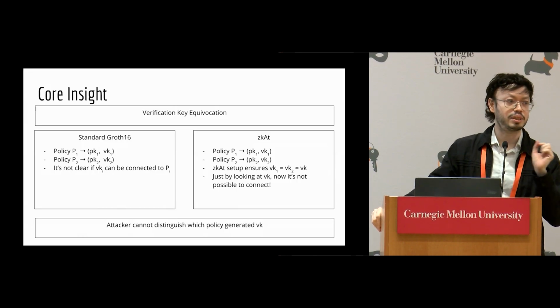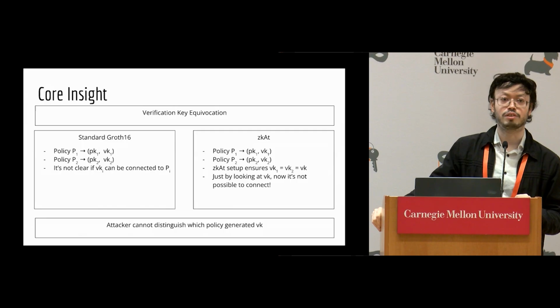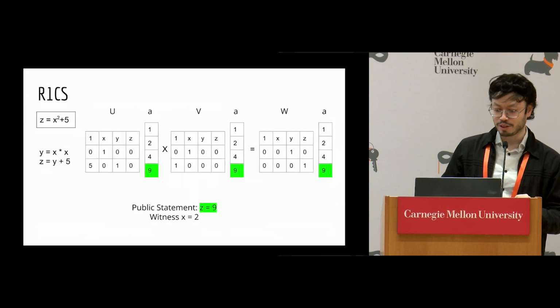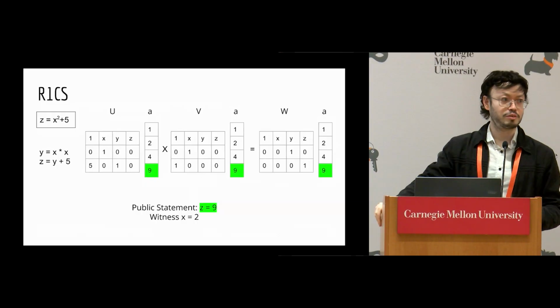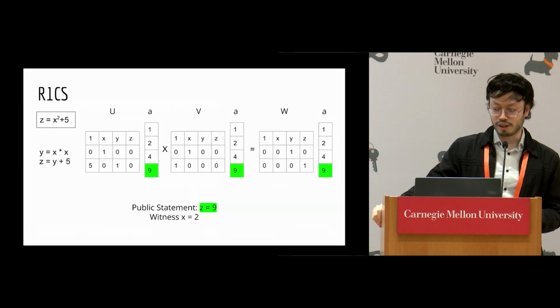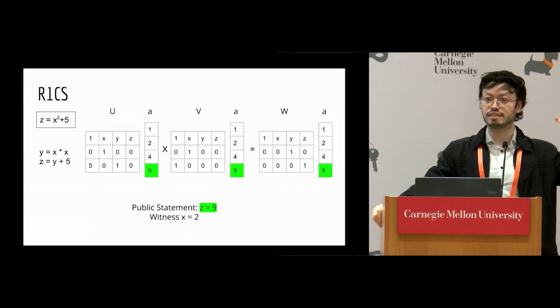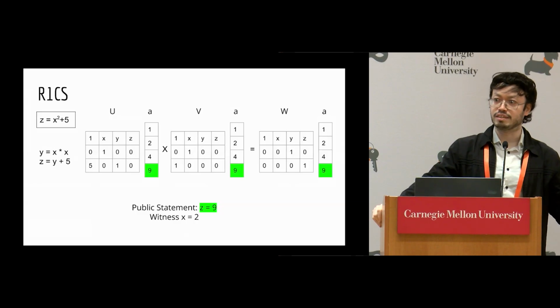So I'll go a little bit deeper now into how this is achieved for Groth16. Many of you, especially who are knowledgeable about zk, will know about R1CS. R1CS is a particular encoding of circuits that is useful for zk SNARKs. Essentially, what it does is layer circuits into a sequence of multiplications, okay?